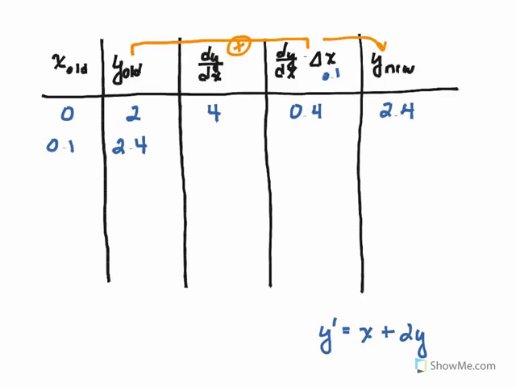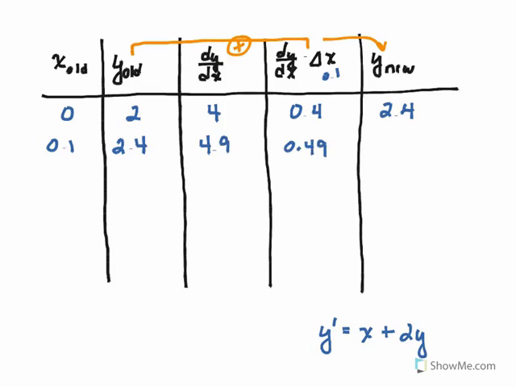We're going to substitute into y prime to obtain our dy dx value, our slope. So substituting into x plus 2y, we here get a slope of 4.9. Multiplying that by our delta x, we obtain 0.49.